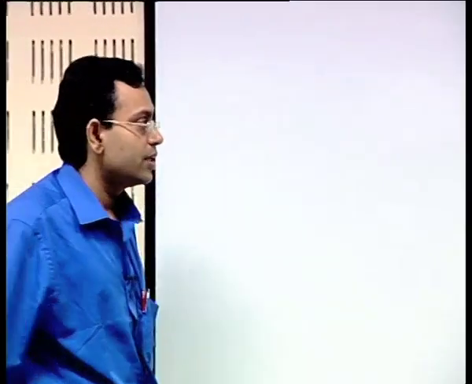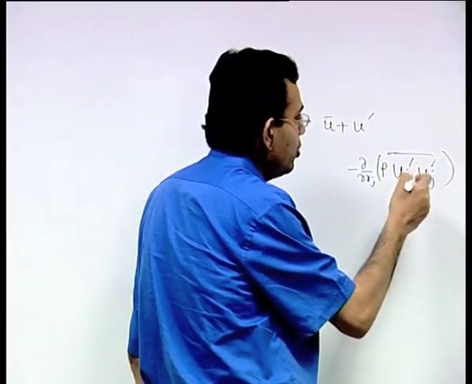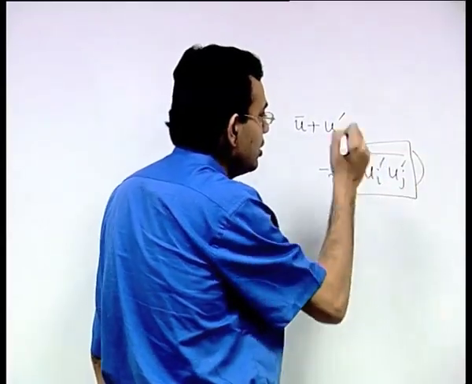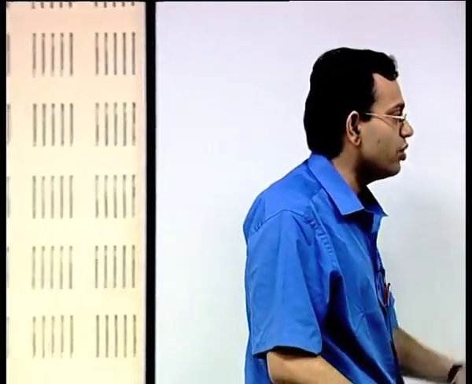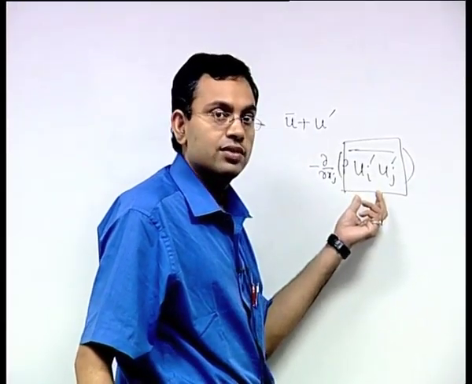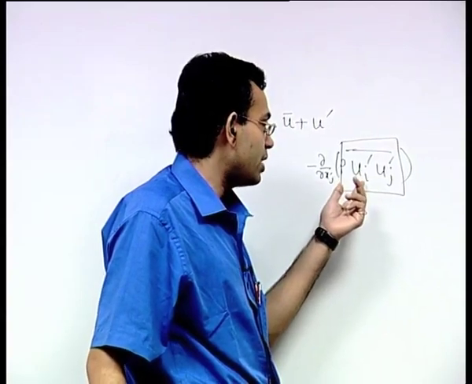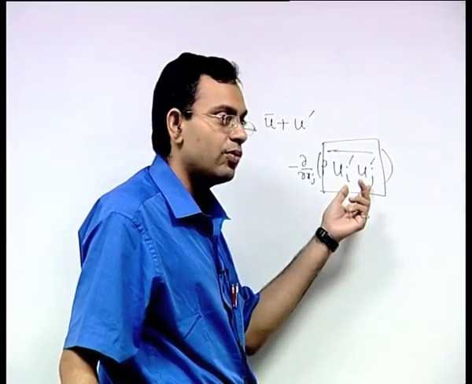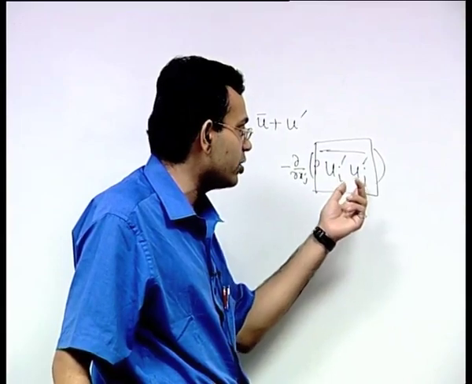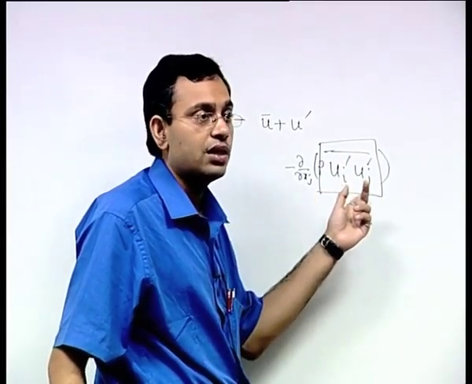So this particular expression gives rise to new unknowns. What are these new unknowns? New unknowns are rho ui prime uj prime average. Because i ranges from 1 to 3, j ranges from 1 to 3, there could be 3 into 3, 9 unknowns, but because i and j are interchangeable and symmetric, you have 6 independent unknowns.